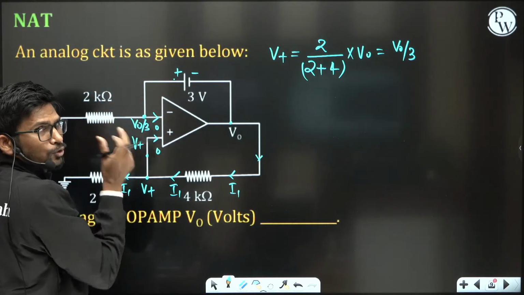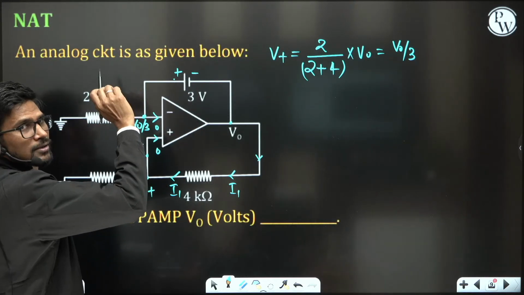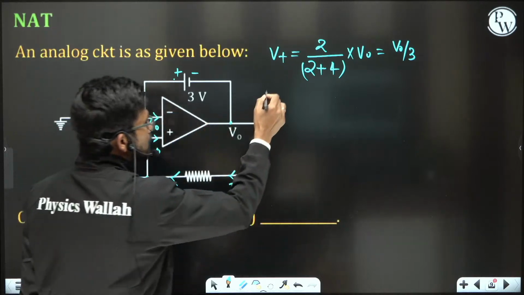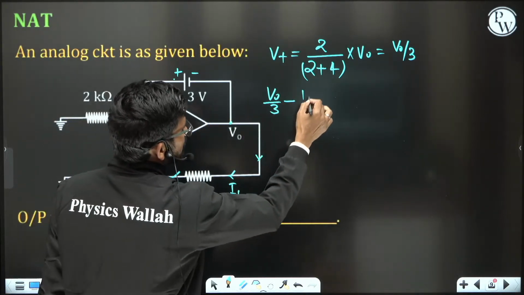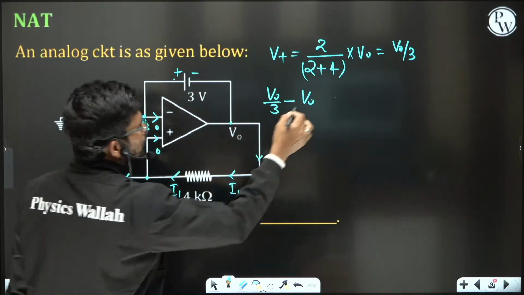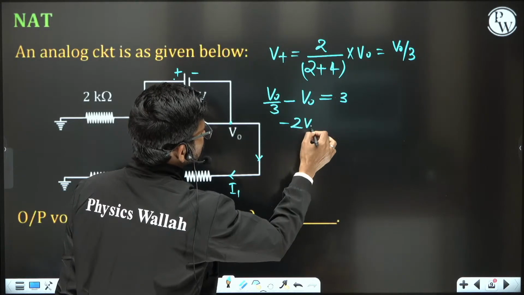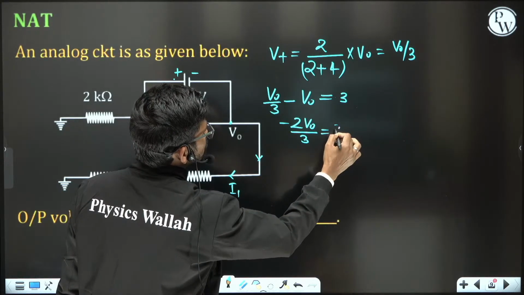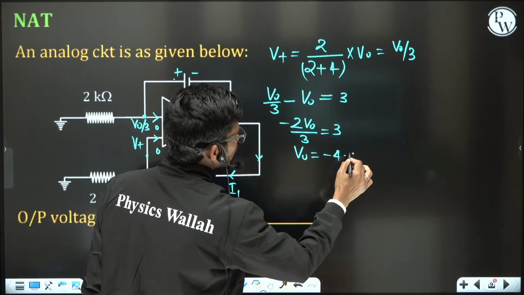If you know those two potentials, then V plus minus V minus is the potential difference of the battery. So V0 by 3 minus V0 is equal to 3 volt. So minus 2 V0 by 3 is equal to 3 volt. So V0 is equal to minus 4.5 volt.